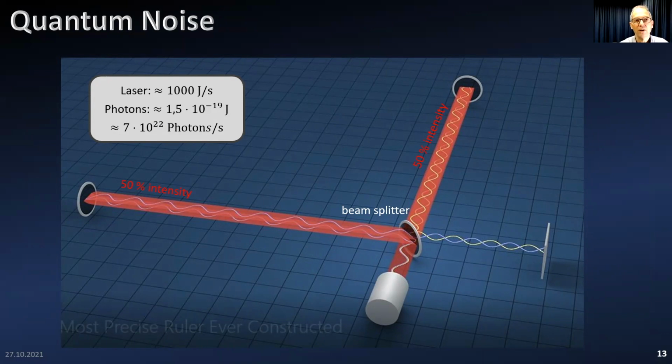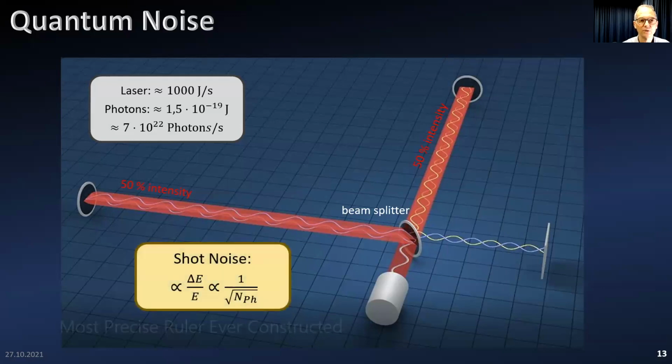And for a laser power of a kilowatt, you have in the order of 10 to 22 photons per second. That's a very huge number. And they split up into the intensity of the two beams. But even at this very high statistic, there are statistical fluctuations. So once in a while, a few more photons will go left and a few less will go straight.